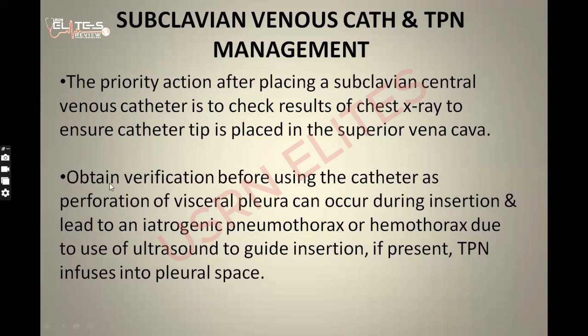Before I even come to the next point, we have lots of indications why someone will need a TPN. TPN is a higher concentrated fluid. Its concentration is very high in terms of the percentage.